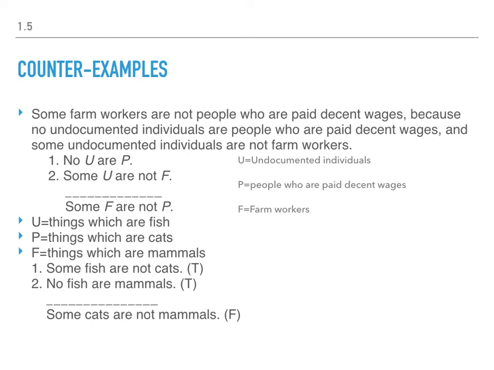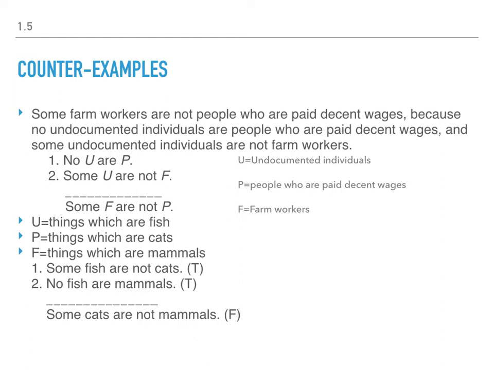The order of those two premises is not relevant to determining what the pattern is. Now, maybe it's relevant to determining whether or not this is in standard form for categorical syllogisms. According to Aristotle, you want the premises in a certain order. But logically speaking, as far as the inference is concerned, the order of the premises is irrelevant.